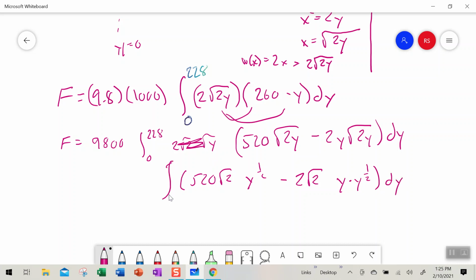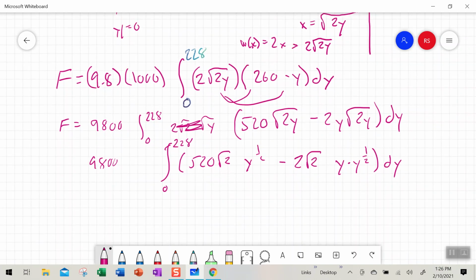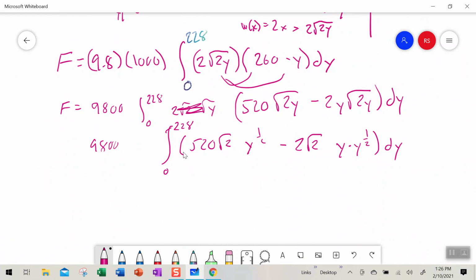And we're integrating all of that. And so we have the 9800 out here, 0 to 228. So I'm going to integrate this term by term.